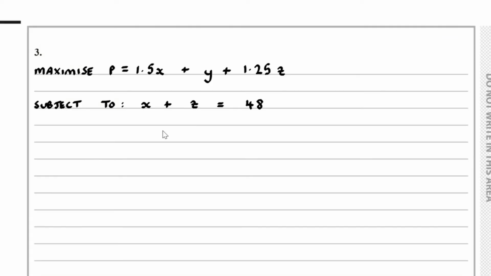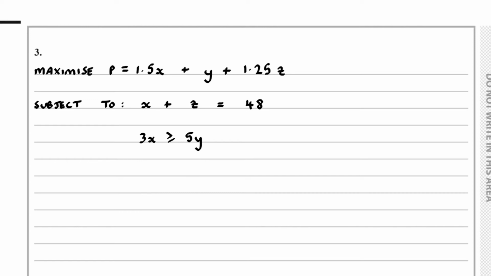So the next inequality we've got is 3x being greater or equal to, because we've got at least, and then we have 5y.